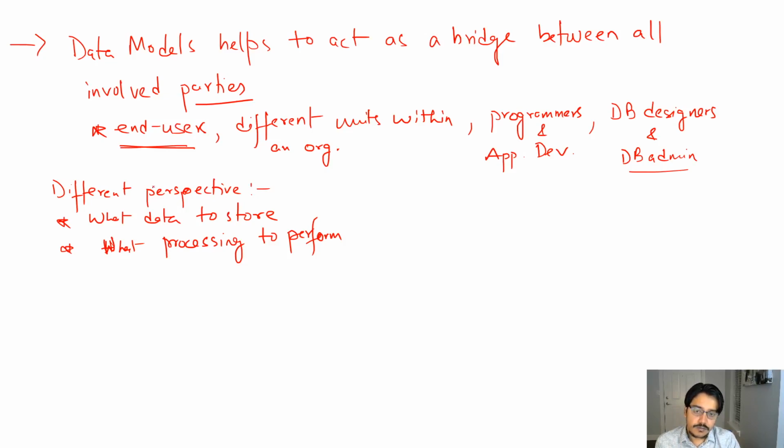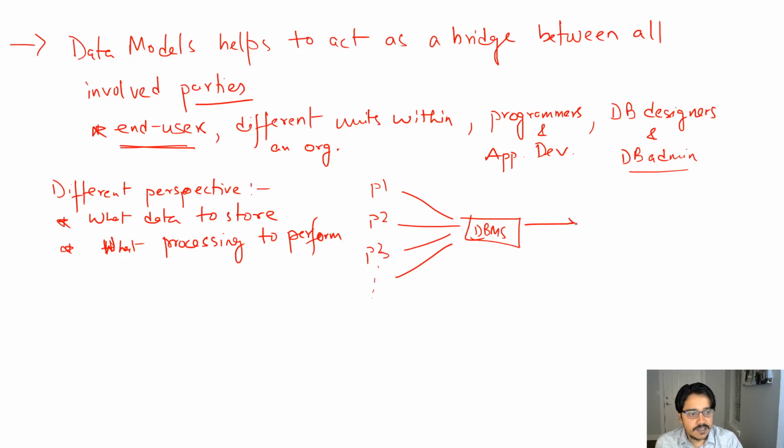And what we want from a database system environment is that you can have, let's say, the different parties or the different units of your organization, and they will all interact through the database management system, the DBMS, and then the DBMS will interact with the database server, which will host all your data.